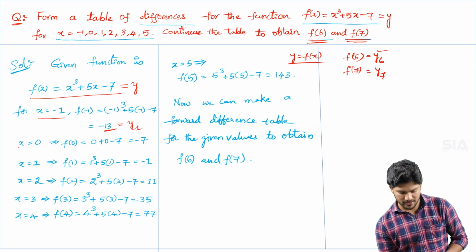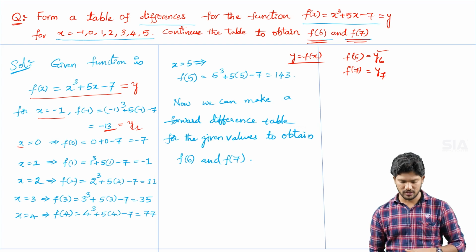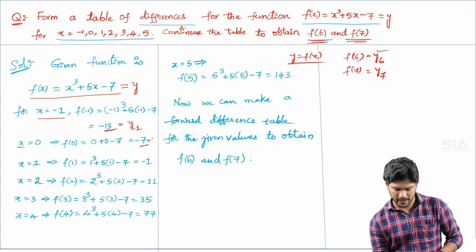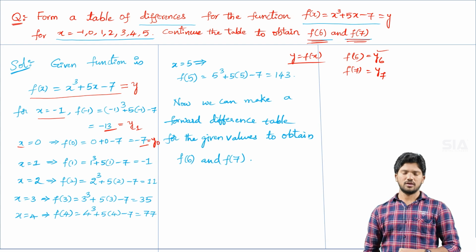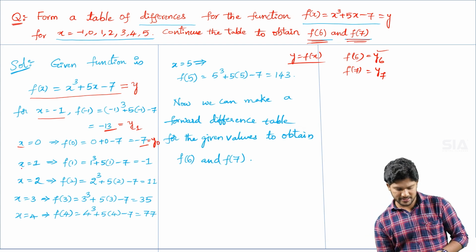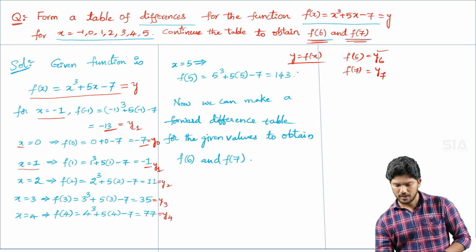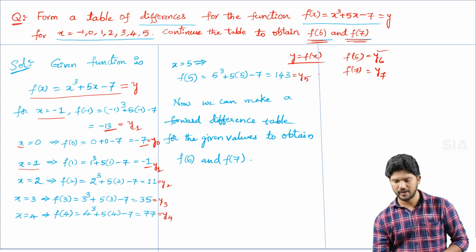Next, x is equal to 0. If you substitute x is equal to 0, that gives minus 7, which we take as y suffix 0. Next, x is equal to 1, you will get minus 1, which is y suffix 1, and next y suffix 2, y suffix 3, y suffix 4, up to y suffix 5.